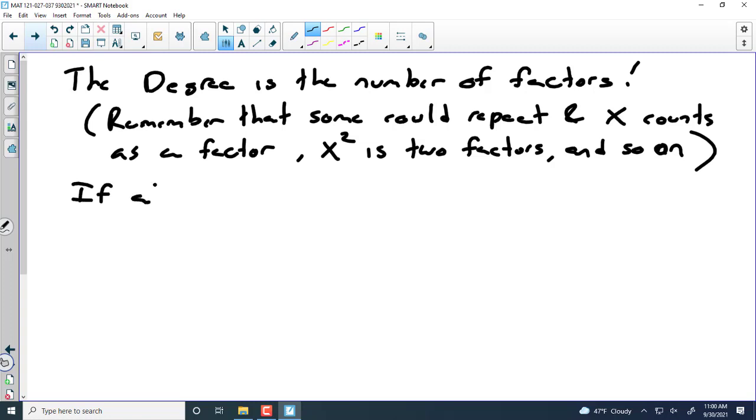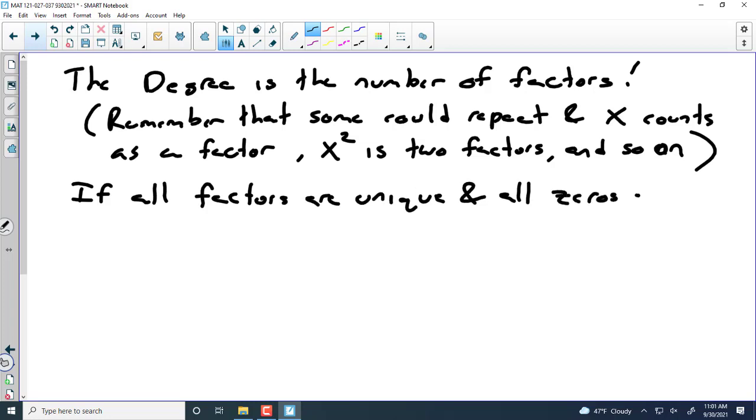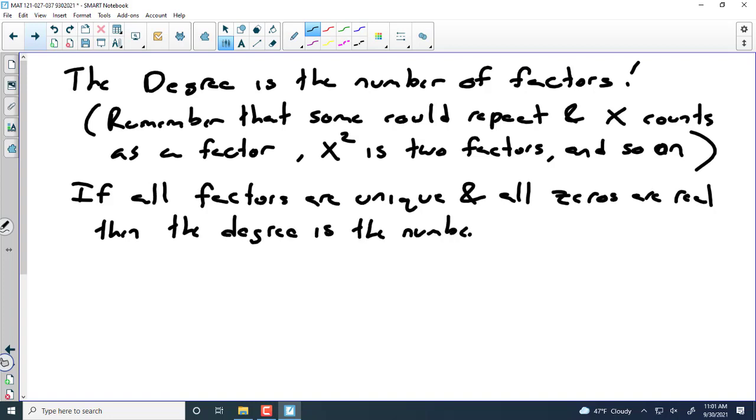If all factors are unique and all zeros are real, then the degree is the number of x-intercepts.